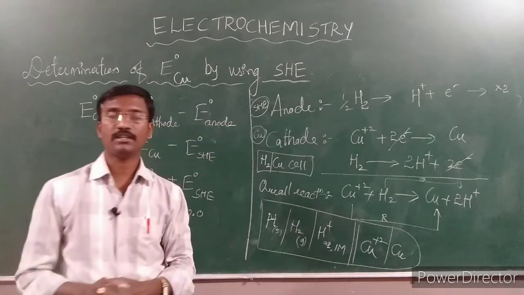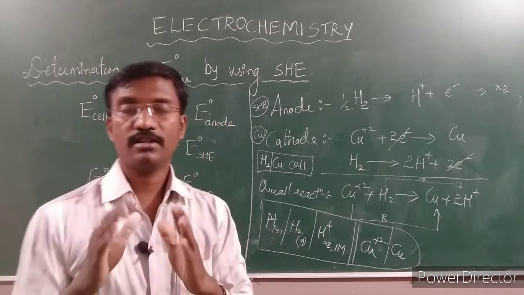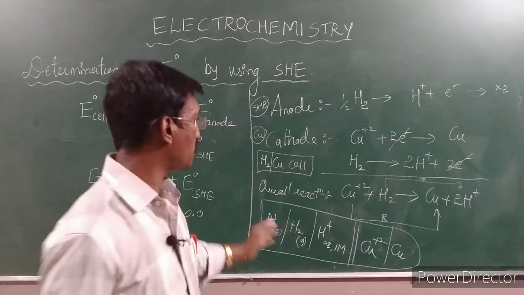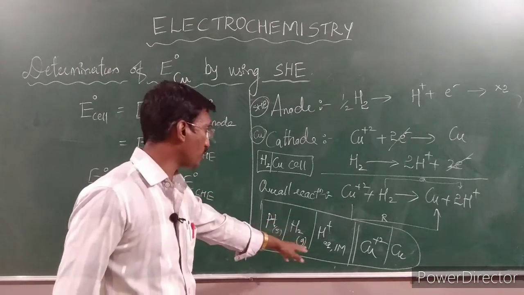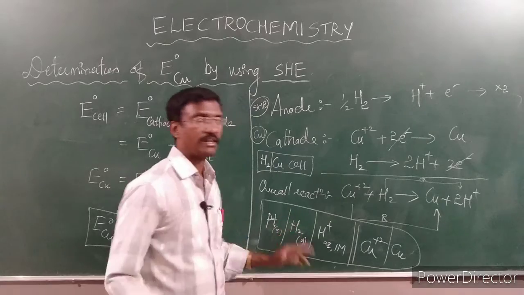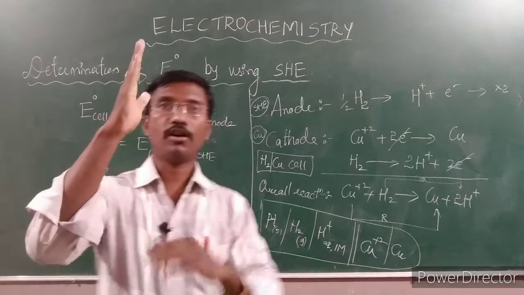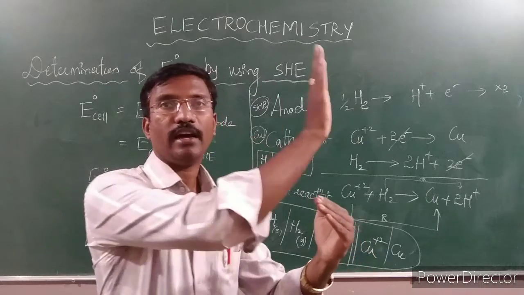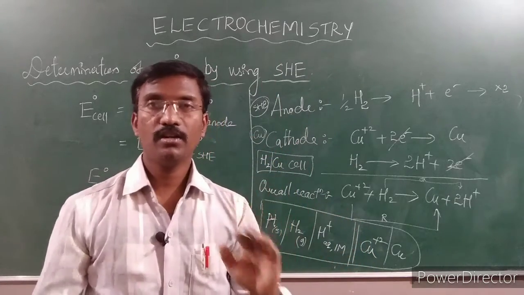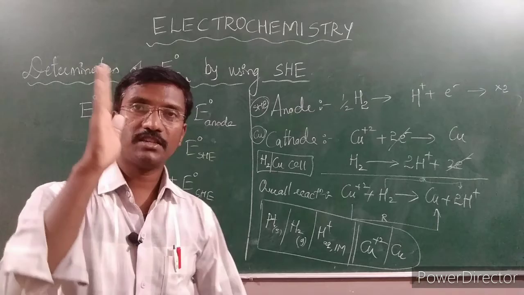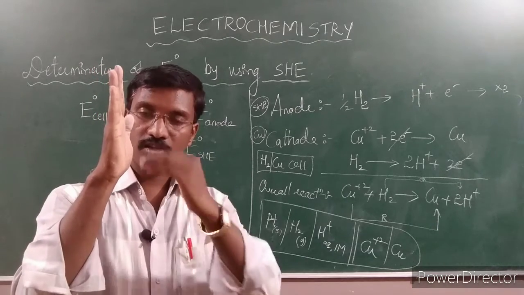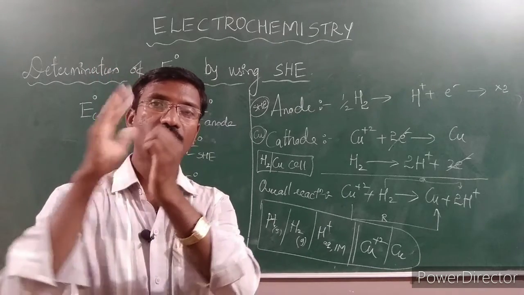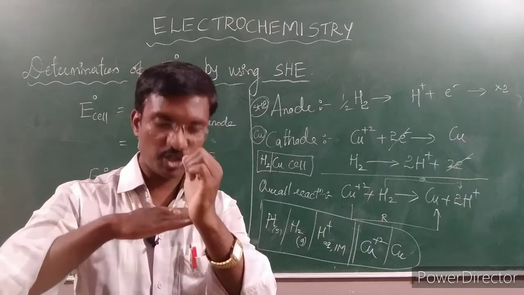In the previous one, with zinc, we wrote zinc first because zinc undergoes oxidation. Next we wrote H+, H2 and platinum. Why? Because it is reverse: rod, electrolyte, salt bridge, then again electrolyte and rod. Are we getting this? Here it is SHE, the rod is platinum, hydrogen gas is deposited, and the electrolyte present is H+ ion.